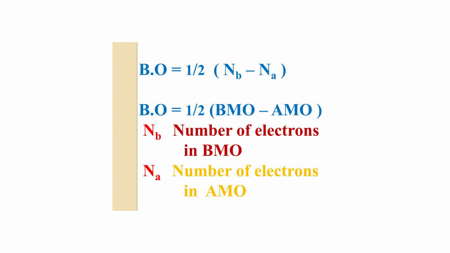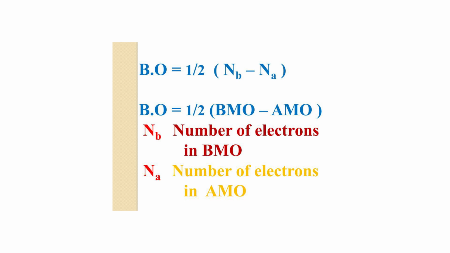Can you give the equation of bond order? Bond order is equal to half into Nb minus Na. What is Nb? Number of electrons in bonding molecular orbital. And what is Na? Number of electrons in anti-bonding molecular orbital.